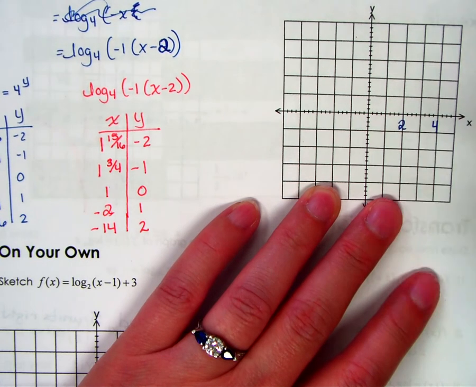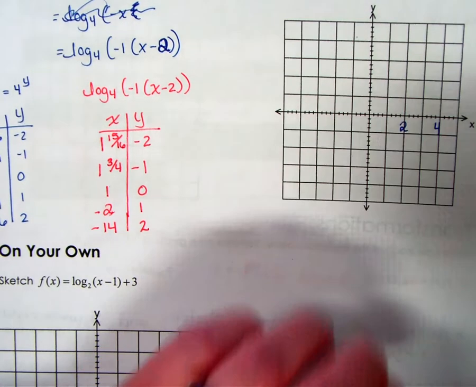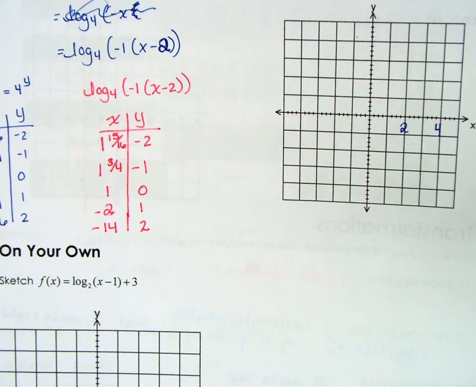The asymptote is 2 or negative 2? Okay, so where did our asymptote start at? 0. So if we times it by -1, we're still at 0. And then we do our shift to 2.